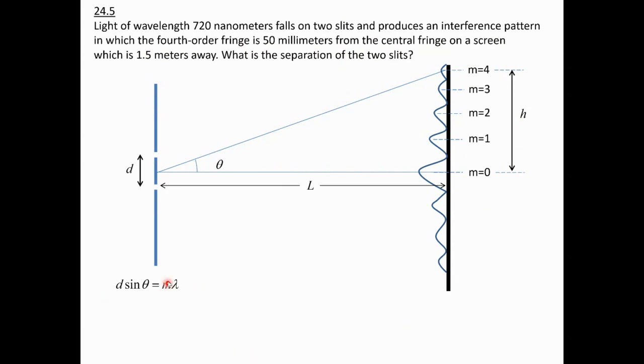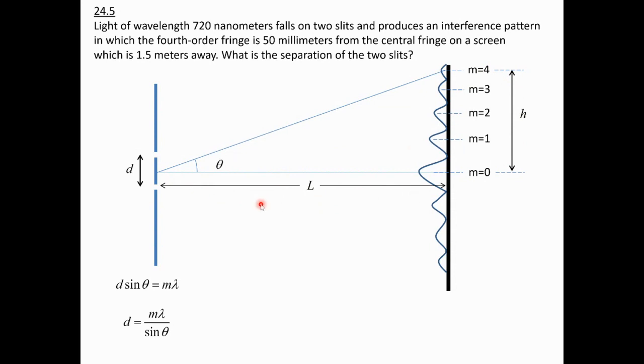All right, here is the equation for two-slit diffraction. We want to solve for d. Here it is. What do we know? Well, m is going to be 4 because we're talking about the fourth order fringe. Lambda is given, 720 nanometers. Sine of theta, we don't have the angle theta. But what we do have is this big right triangle. One side of it is 50 millimeters, and the other side of it is 1.5 meters.